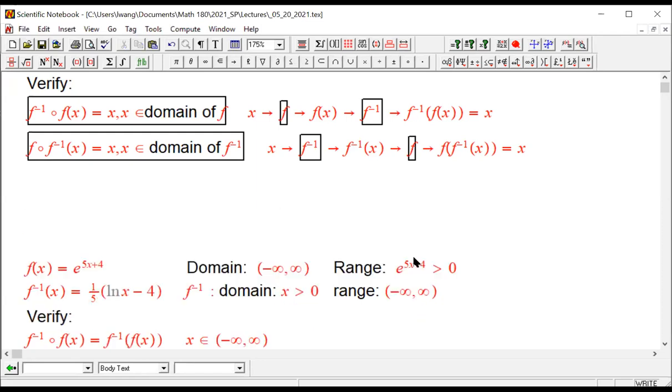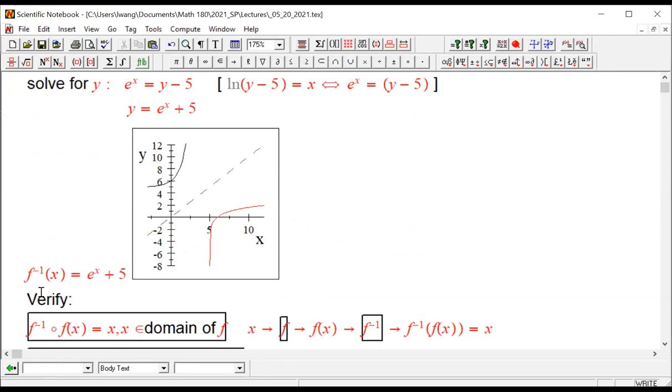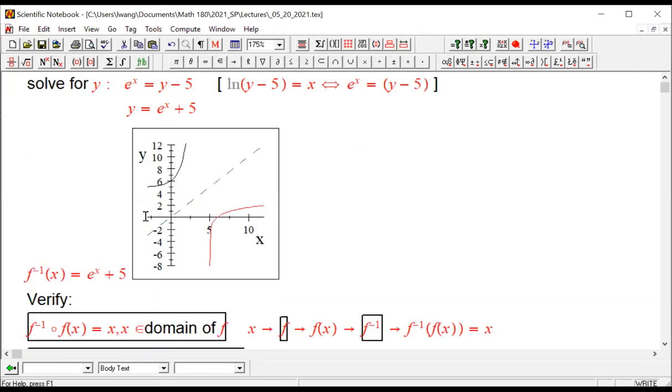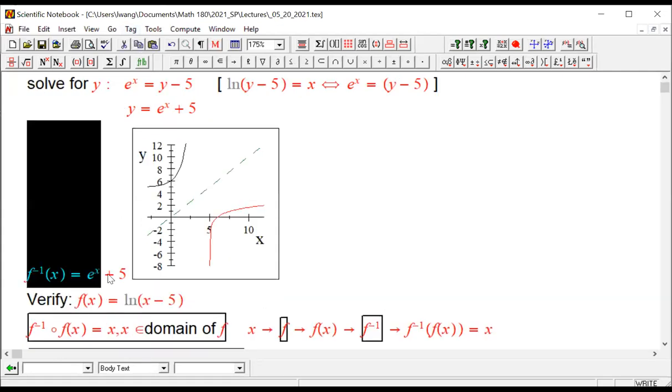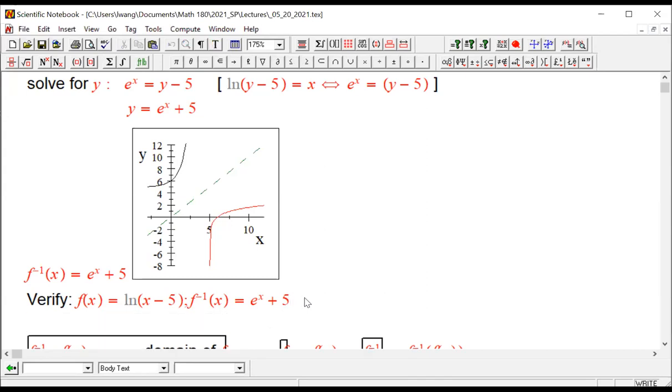Now this is repeats. Okay, so for the pair of functions we have here, f of x, f inverse, when you verify, if I made a mistake, say if I had e to the power x minus 5, in the verification process, we will discover something is going to be wrong.